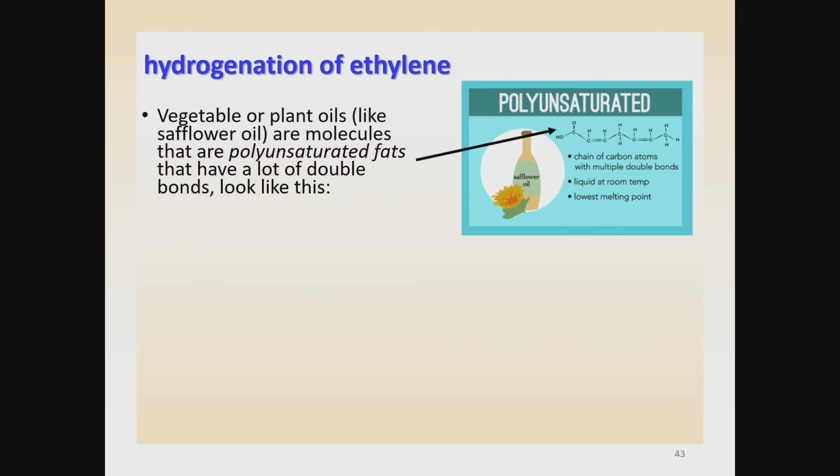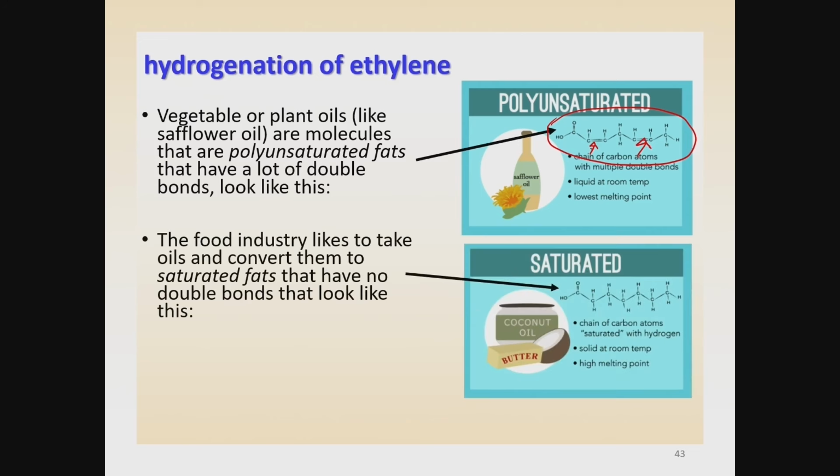You can harvest from safflower oil, and this may be a molecule you'll find in safflower oil. One of the things you will notice if you look carefully is that this molecule has double bonds in it. Oils are nice, but saturated fats are even better. So the food industry will want to somehow take the same molecule and add hydrogen to it, and then you can see in these same positions here, we no longer have a double bond.